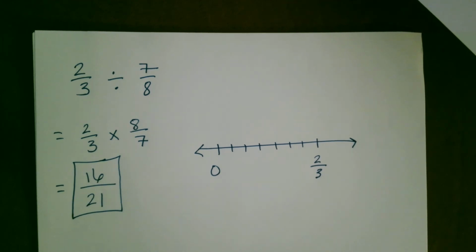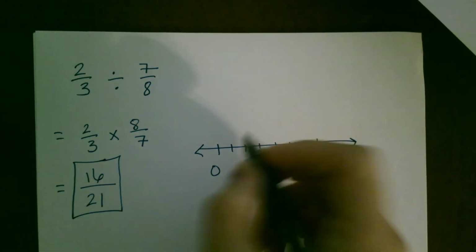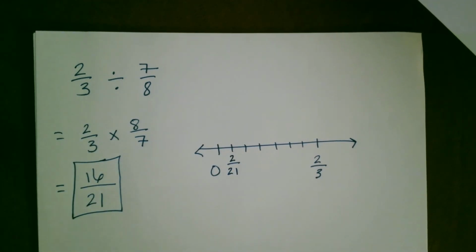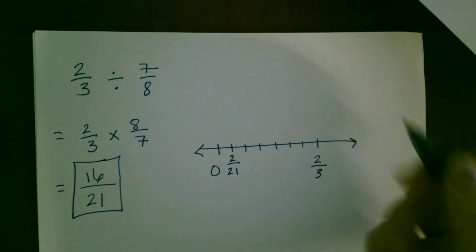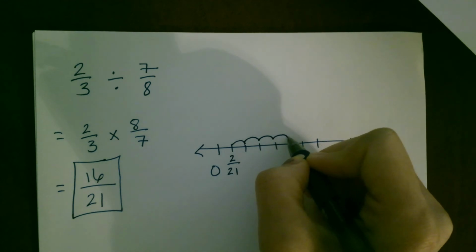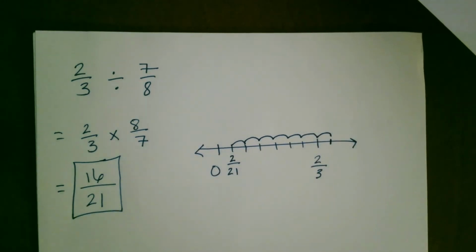And if I had thirds and broke each third into 7 pieces, I would now have 21sts. So my unit goes from 2/3 to 21sts. So I'm going to have 2 over 21 as my unit. And I know I'm going to have 8 of those. So here's 1, 2, 3, 4, 5, 6, 7, 8. It's going to put me here, so I need to know what that is.